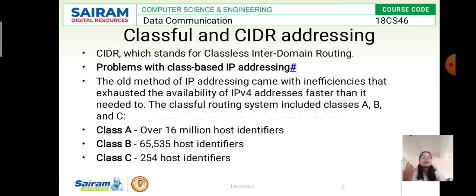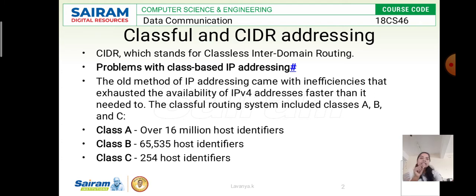The old system considered only class A, class B and class C, so we could not predict the address, but with CIDR the prefix length is arbitrary, which gives more efficiency than those old classes.